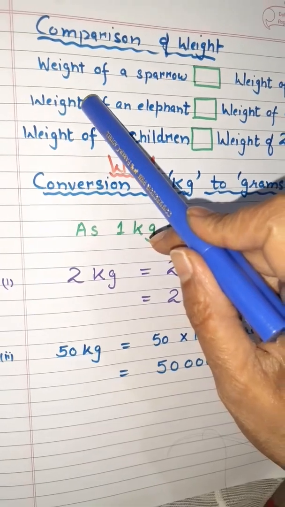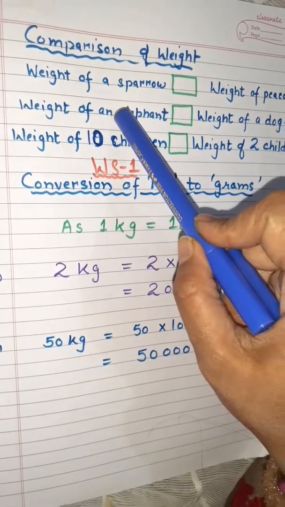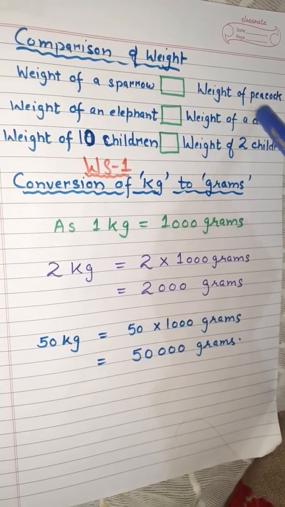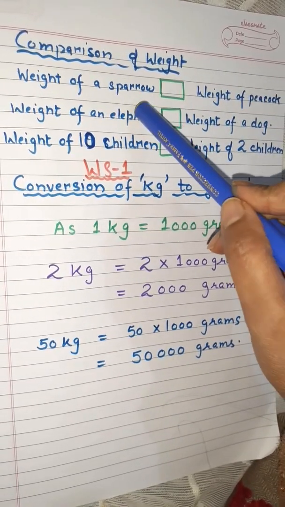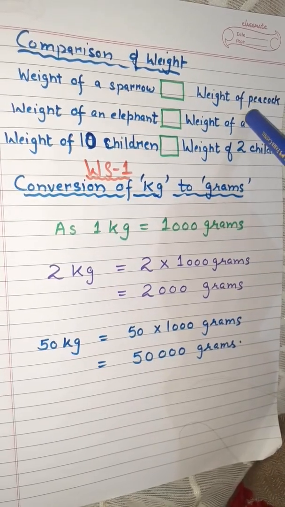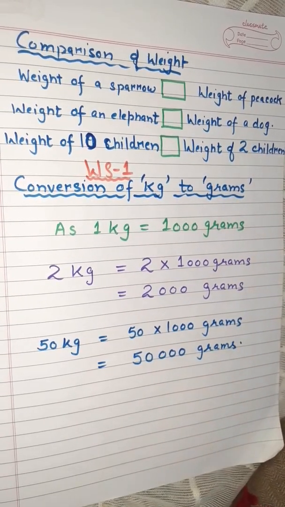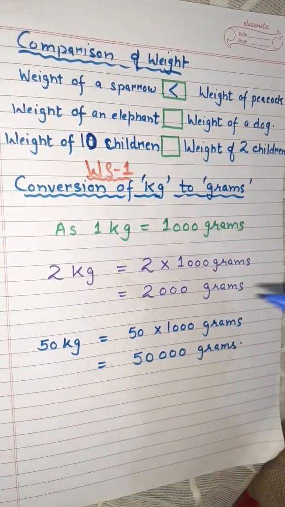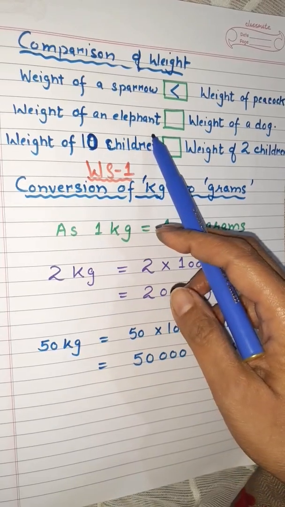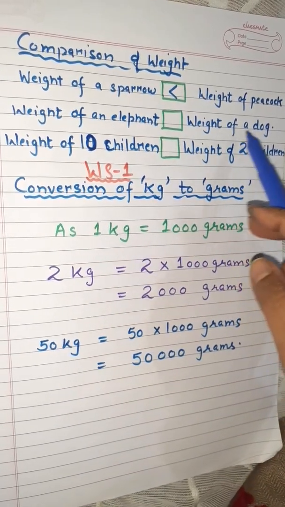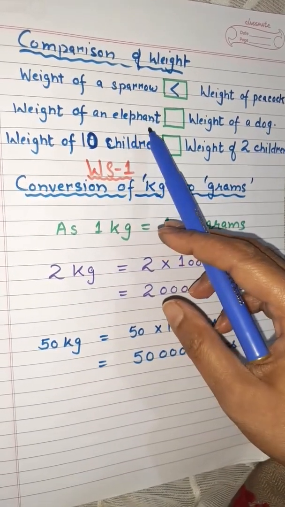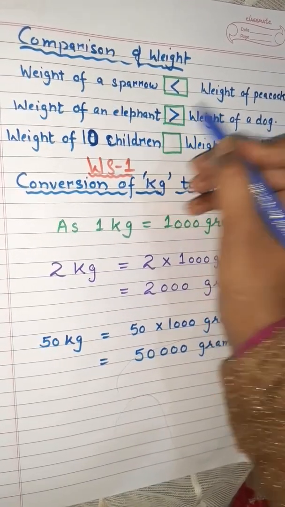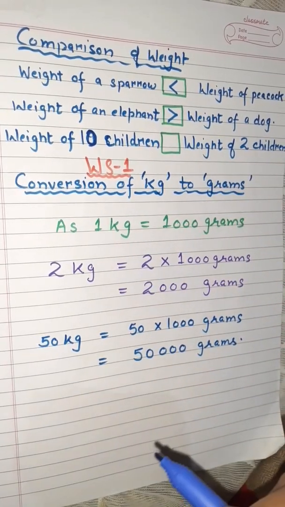Here is the weight of a sparrow, and next is the weight of a peacock. As a sparrow is small in size and a peacock is big in size, the weight of a sparrow is less than the weight of a peacock. Now the weight of an elephant, and here we have the weight of a dog. As an elephant is big in size, its weight will be more than the weight of a dog.